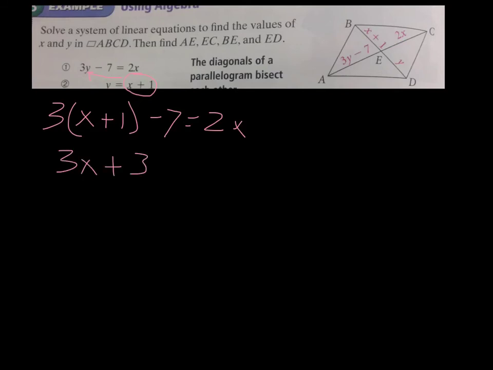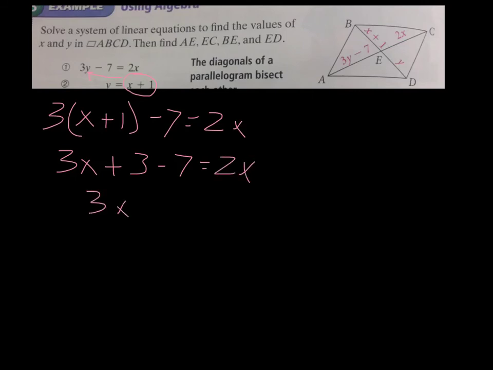Since y equals x plus 1, we're going to take x plus 1 and plug it right in for y into the first equation. So you're going to have 3 times the quantity of x plus 1 minus 7 equals 2x. You see where we plugged in x plus 1 for y? Then you distribute: 3x plus 3 minus 7 equals 2x.